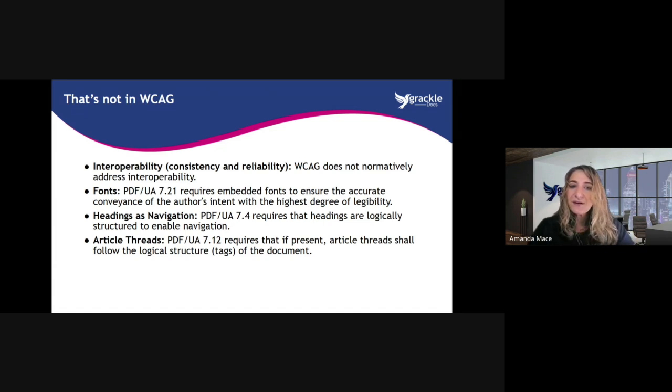There are a couple of other bits and pieces, but the sum of it is that PDF UA is a standard for the bones, the structure of the PDF, and WCAG 2 ICT covers the content. So to make a PDF truly accessible, it needs to be both PDF UA and WCAG 2 ICT compliant. And anything less than that actually misses the mark.